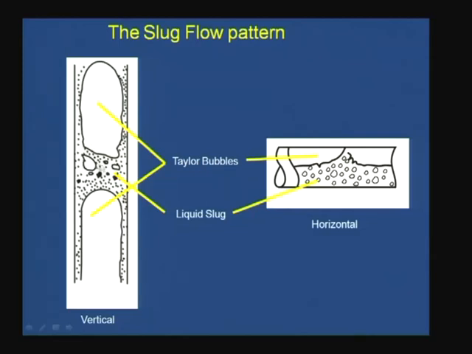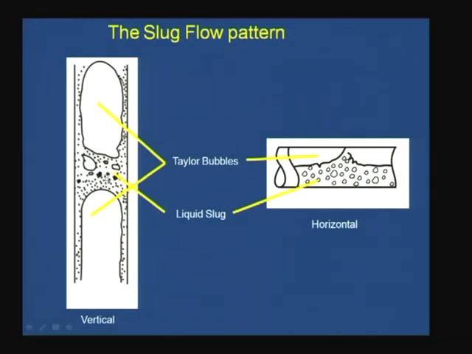Due to this wake region, a good amount of gas is sheared from the tail of the Taylor bubble and distributes as small bubbles, resembling the bubbly flow pattern in the liquid slug region. Usually the concentration of bubbles is higher just below the tail region, and after that we can assume a more or less uniform distribution of the gas bubbles.